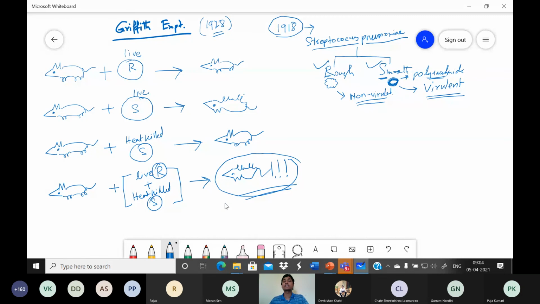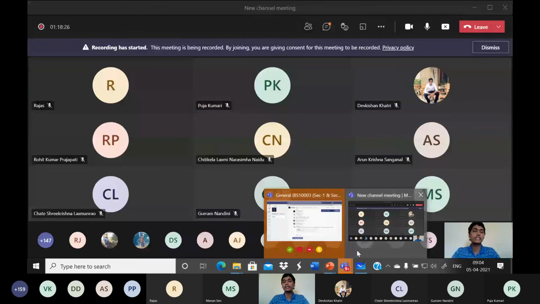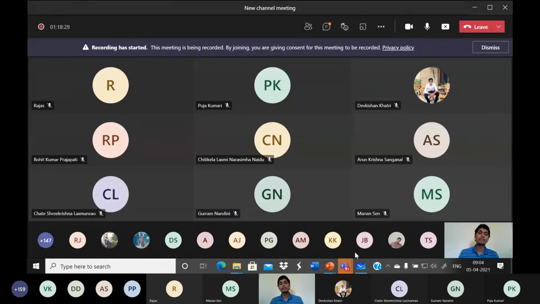Because the theory is that something is happening so that the heat killed smooth strain bacteria is dead, but some of the chemical material present inside the bacteria is still active.